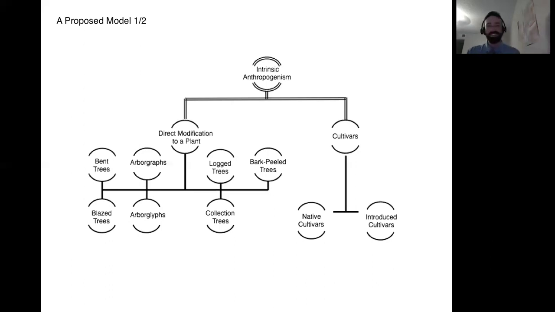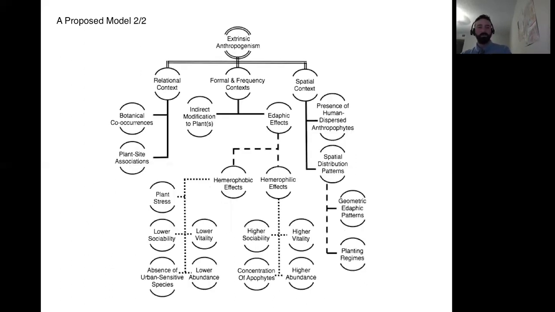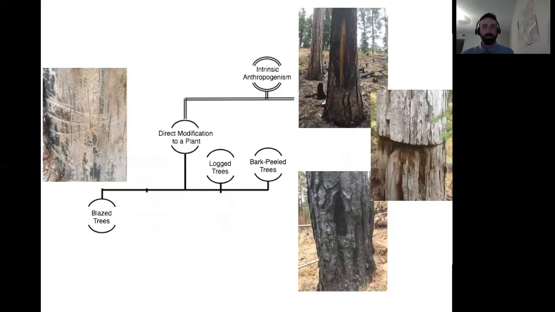I'm kvetching too much. Let me, here's also the extrinsic anthropogenism umbrella. And then notice how it's broken down by those aforementioned dimensions or contexts. So let me just show you some examples. That'll help.